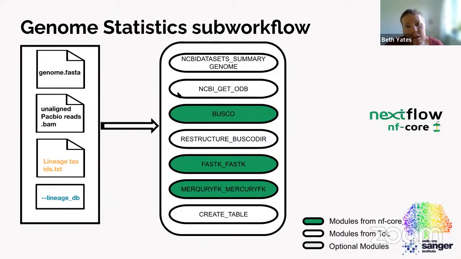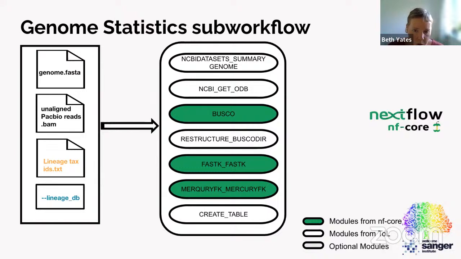So within the genome statistics sub-workflow, we heavily use the NCBI datasets. We actually call summary genome twice, once to get metadata on the assembly, and once to get the chromosome list, which we use in several places in the pipeline. NCBI get ODB, I think, is used to get the lineage information that we use for running Busco.